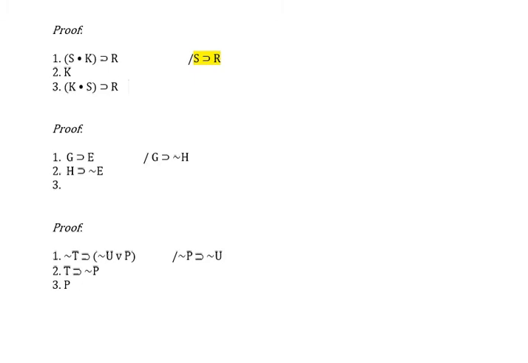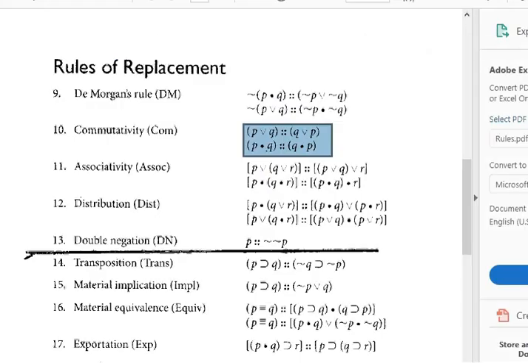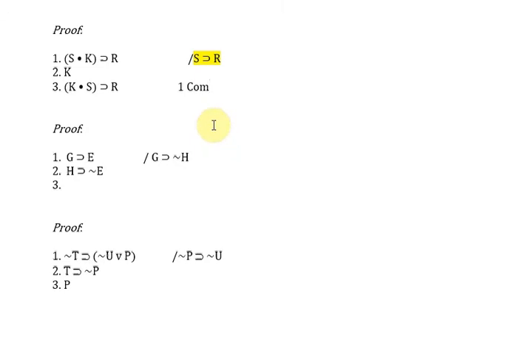So the horseshoe and the R stay the same. Again, only one little part was affected by the application of that rule. So our justification for doing that, again, is commutativity, which is COM. We applied commutativity to line 1, and so that allows us to do that.